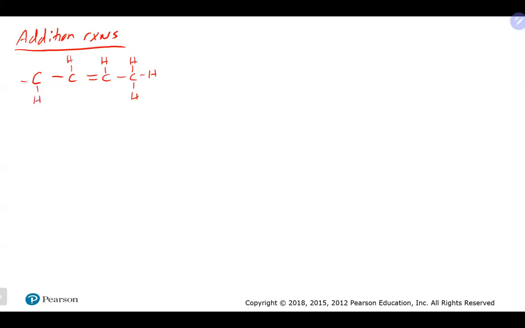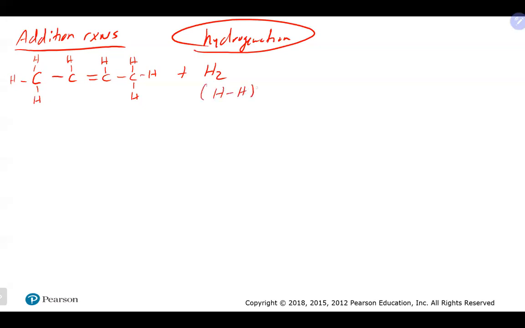All right, so let's take a look at these addition reactions here. If you take something like this and we add hydrogen to it, which is a hydrogenation reaction, again, when we add hydrogen, we're basically adding two hydrogens.